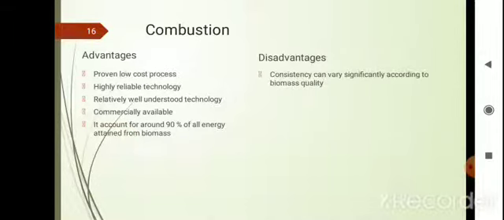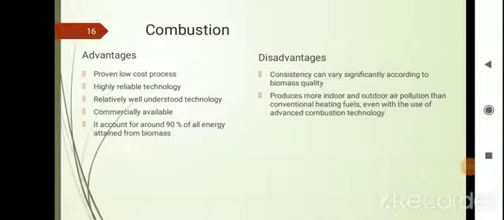But the disadvantage is that it depends on biomass quality. It largely depends on the properties of the biomass, its particle size, etc. We have already discussed that, so that is a problem. And of course the pollution is more. Even with the use of advanced technology, the flue gas will have more emissions compared to liquid fuels and standard fuels.